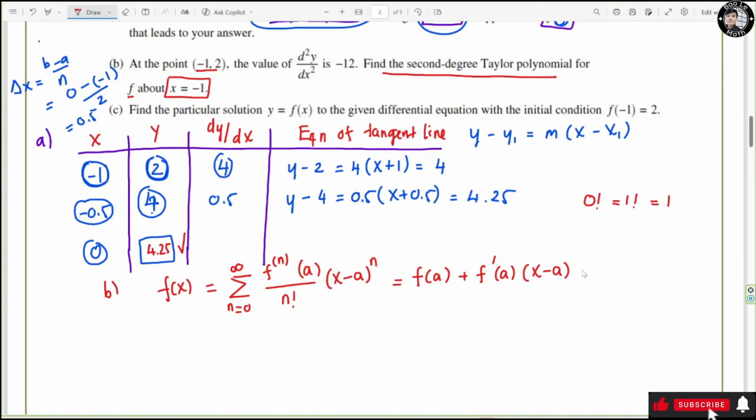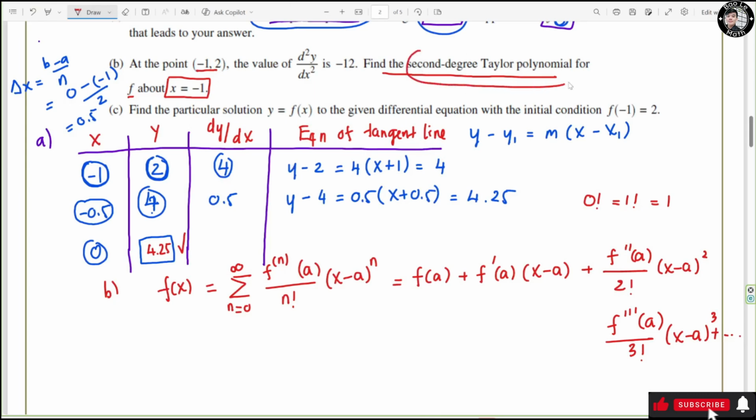If n equals 2, you have f double prime over 2 factorial times x minus a squared, right? If n equals 3, you're going to have f triple prime of a over 3 factorial times x minus a cubed, plus etc. Now, the question just wants you to find the second degree Taylor polynomial, so you're going to stop right here.